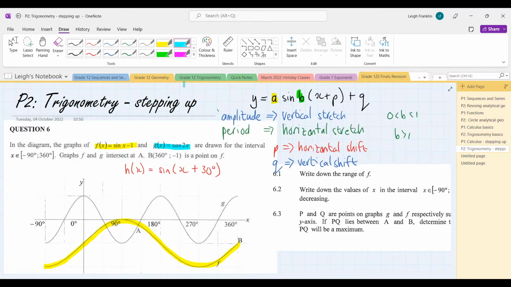Okay, so to the original sine x function and the original cos x function. What's been changed in these two? Can anybody tell me what's different in the f of x graph? What's been changed, according to what we did here on the left?